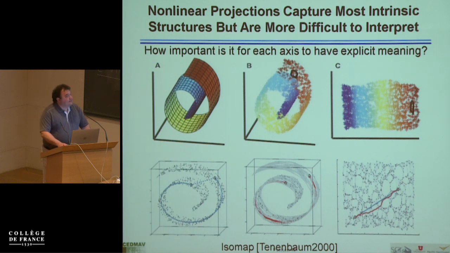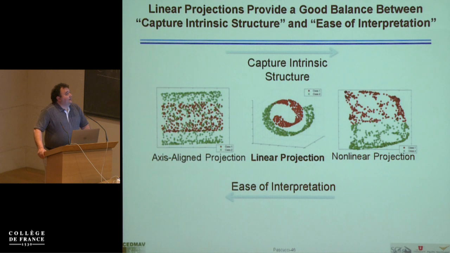In some sense, we have been looking at this as a trade-off between complexity of the visualization and ease of interpretation. If I totally reparameterize the data, unless I fully control the parameterization, I have really no idea how I'm looking at the data.